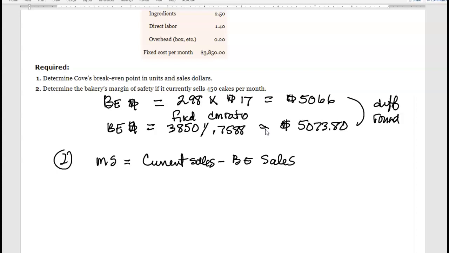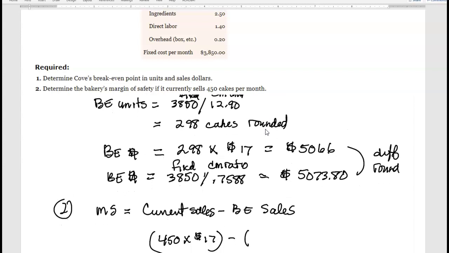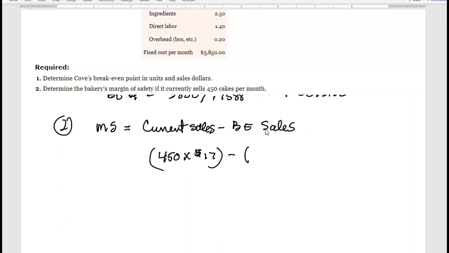So my current sales at 450 a month, so 450 times the $17 minus break-even sales, that was 298, we calculated up here.